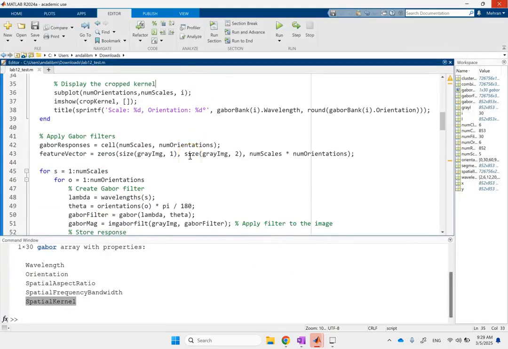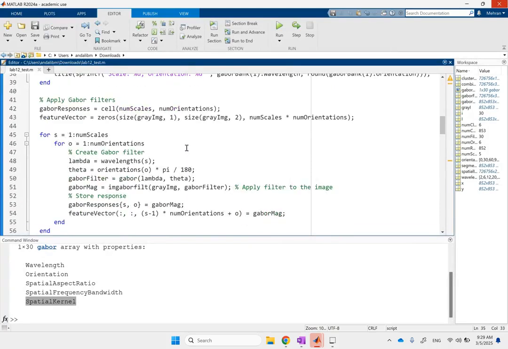Now, if I want to apply it to the image, here I have to initialize the Gabor responses, okay? And for that, I start with pre-allocation. So I start with cells. Each component of the cell will include one of the responses. And then I go from 1 to number of scales, 1 to number of orientations with 2 nested for loops.